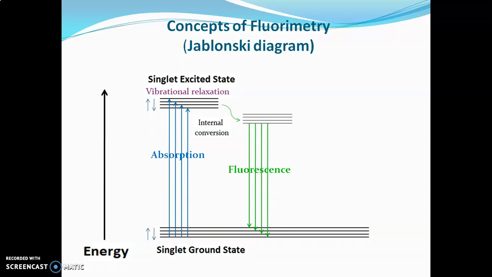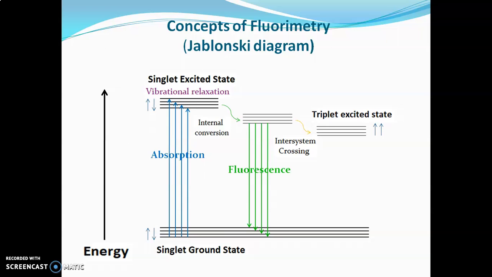Now there are certain compounds which show intersystem crossover, and the electrons come to the triplet excited state, which is a less energy state than the singlet excited state. Here the spin of electron is parallel or unpaired.